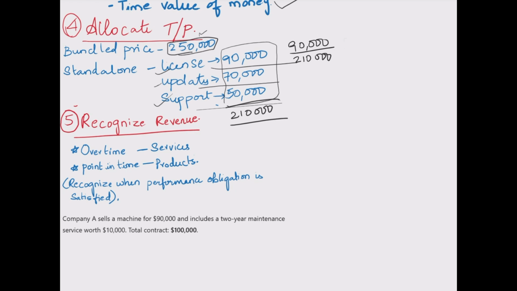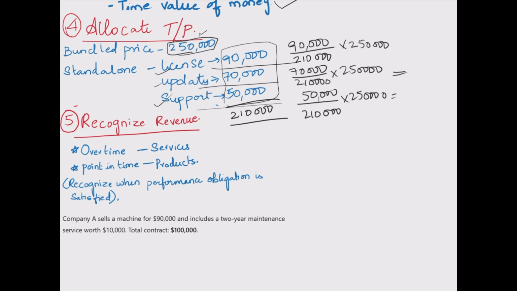90,000 by 2,10,000 into 2,50,000. Again 70,000 by 2,10,000 into 2,50,000. 50,000 by 2,10,000 into 2,50,000.